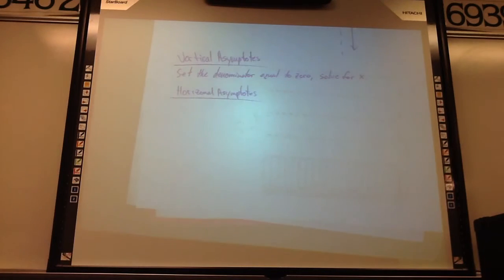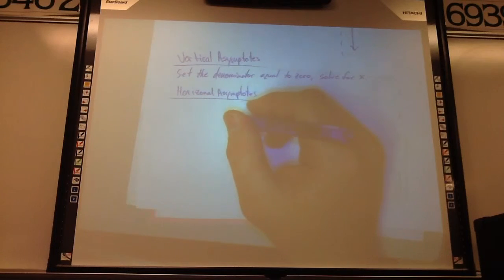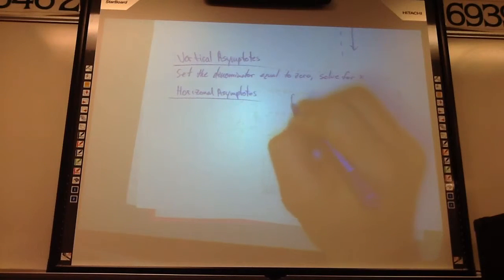But there is another way to do it without calculus. Now I'm trying to think of a simpler way to write this. The book writes it as f of x. If this is your function, p of x over q of x.